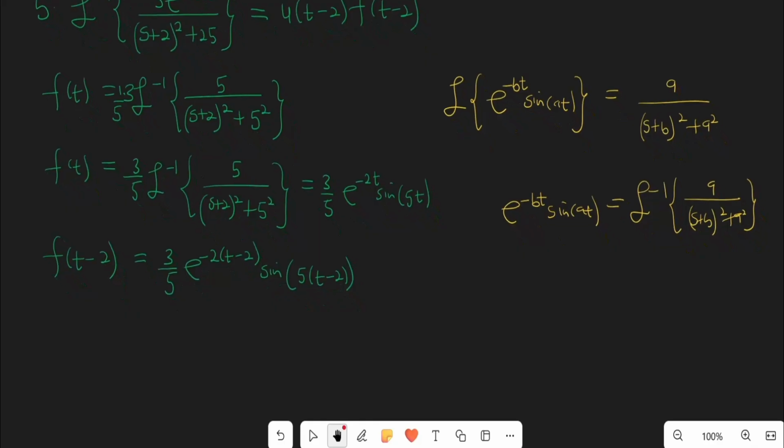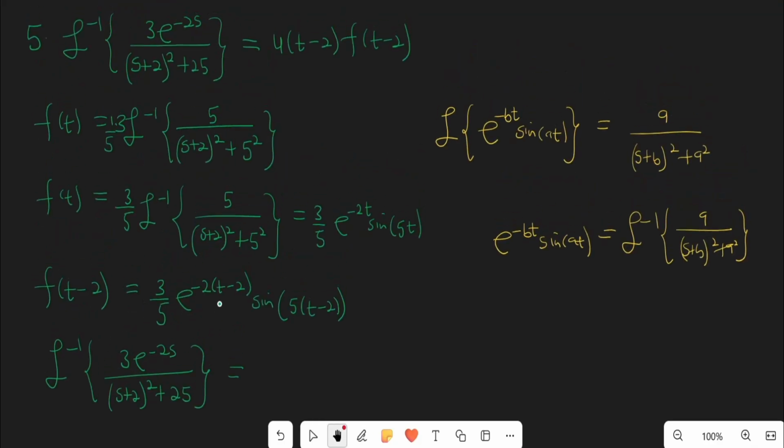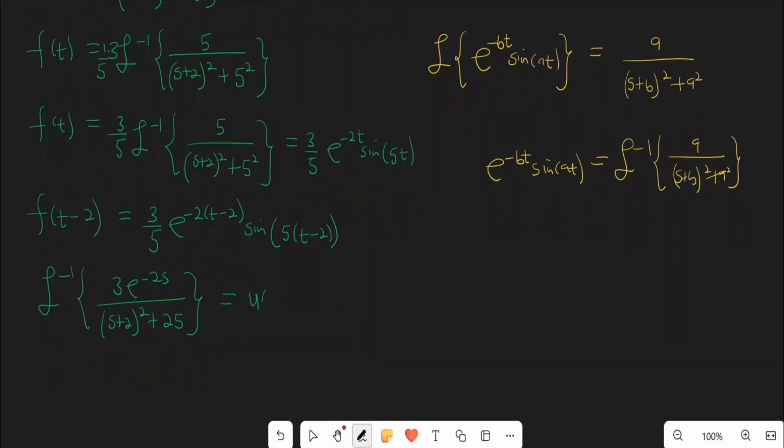So now we can go back to our function. So the Laplace inverse of 3 e to the negative 2s divided by s plus 2 all squared plus 25 is equal to u of t minus 2 multiplied by f of t minus 2, which is 3 over 5, which I'll bring in front here, and then e to the negative 2 into t minus 2 multiplied by sine of 5 into t minus 2, like this.